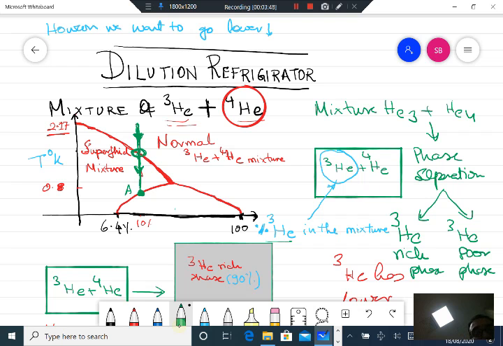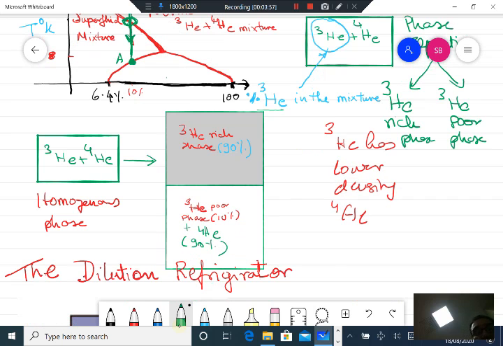Namely, for example, suppose you hit this point, the system phase separates, where you have 10% of helium-3 mixed in helium-4. So earlier you had a homogeneous mixture of helium-3, helium-4, but once you hit this point at this particular temperature, which is shown by this line, the helium-3 actually separates out into two separate phases.